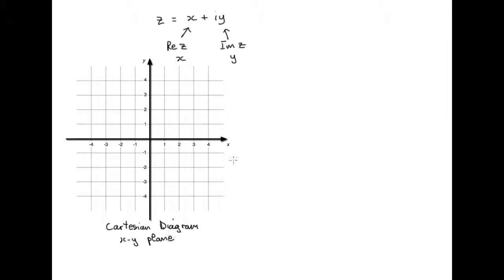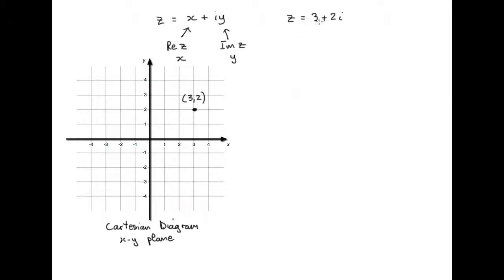So the pair of complex numbers, for instance, if we were looking at z in particular being 3 plus 2i, the point 3, 2, we plot 3 along the x-axis, 2 up the y-axis.